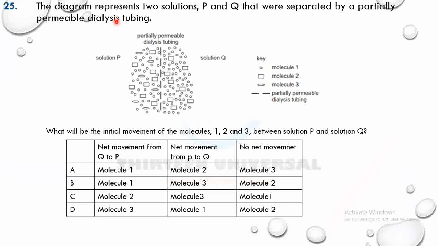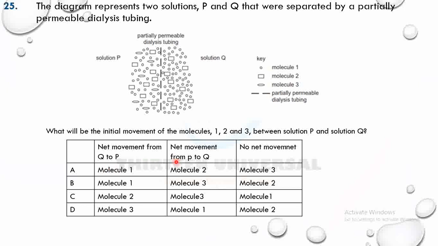Now, net movement from P to Q means anything that moves from high concentration to low. The one that is more in Q is molecule 1, so it's going to move from Q to P by diffusion. So the options that have molecule 1 are A and B.